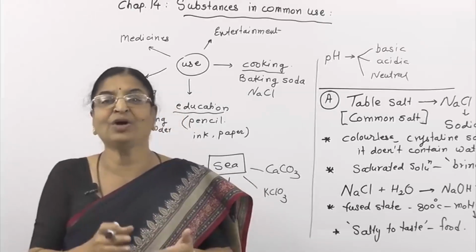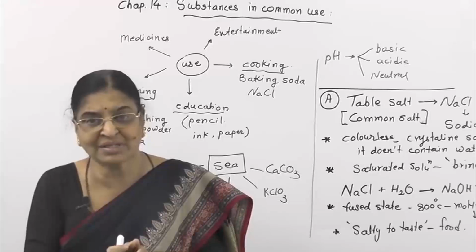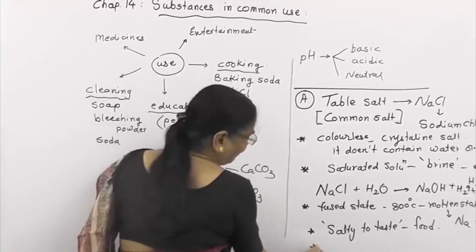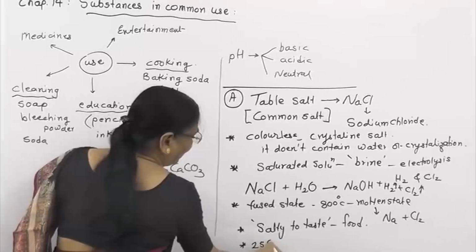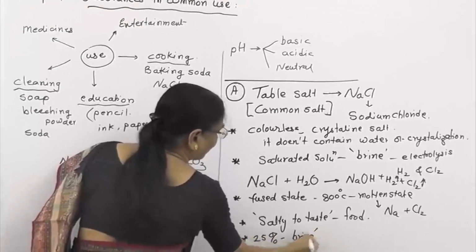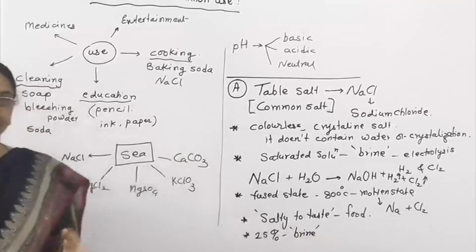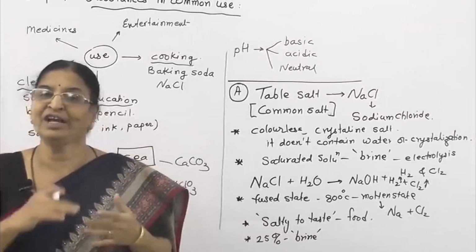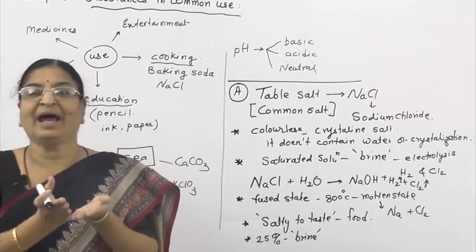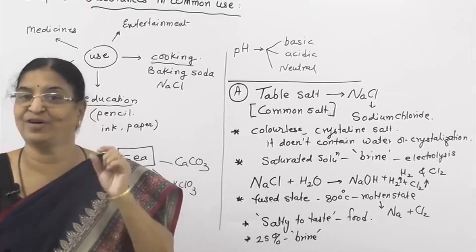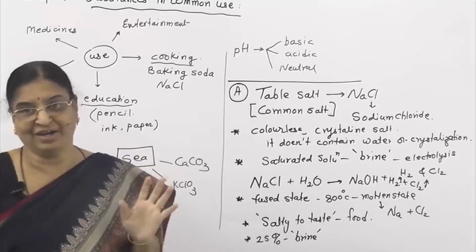So if you want it in a pure state, the brine solution is concentrated to one-fifth, that is, the water in it is evaporated, and you will get crystalline NaCl.